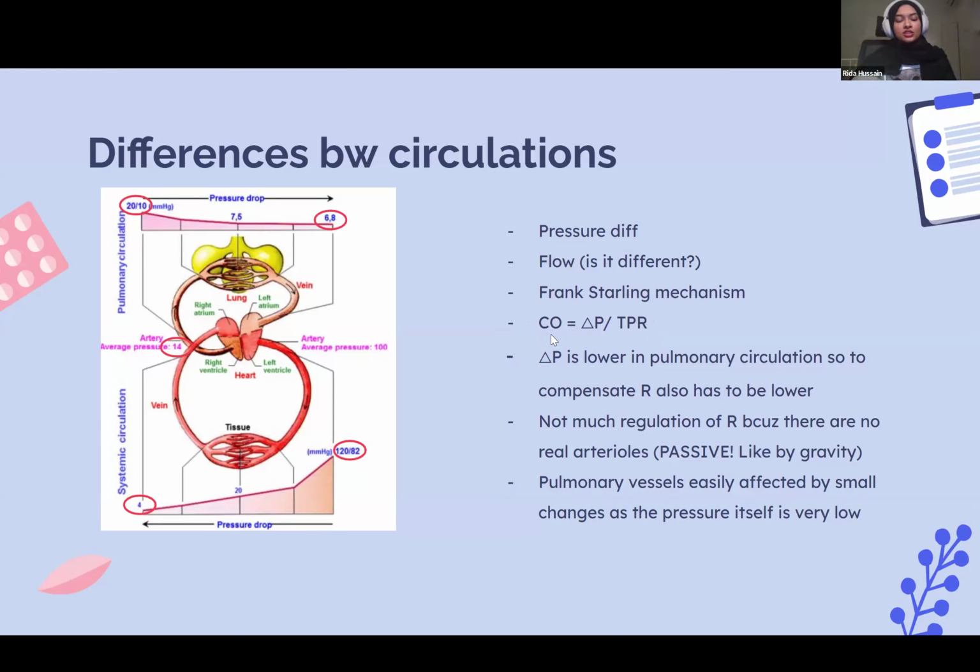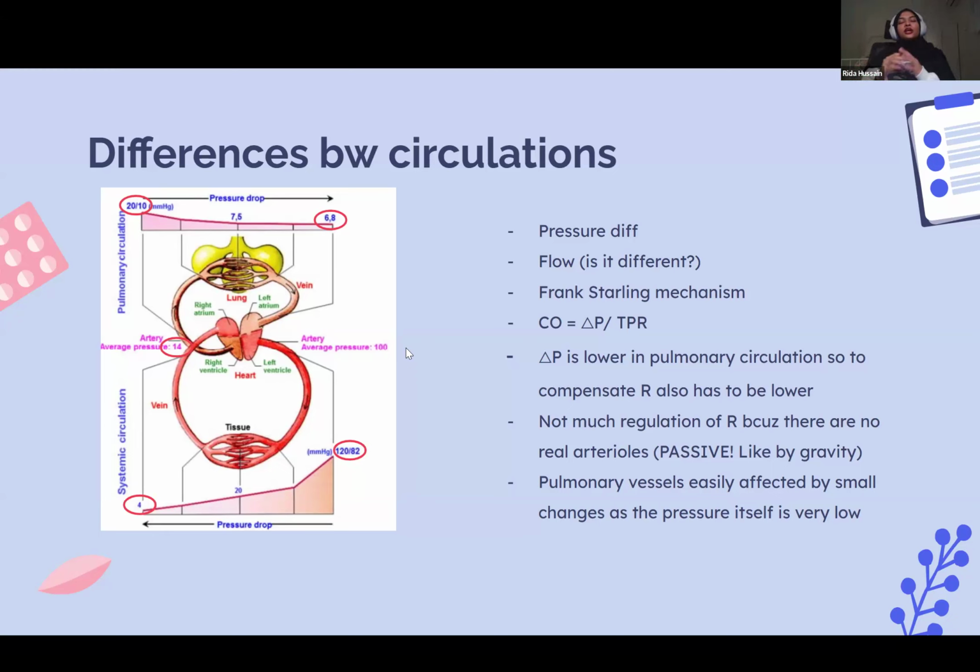Okay. And another thing I would like you guys to pay attention to is the difference between the pulmonary circulation and the systemic circulation: in the pulmonary circulation, there's passive regulation of the resistance. Why is that so? Dr. Shams said it's because there are no proper arterioles in the pulmonary circuit.